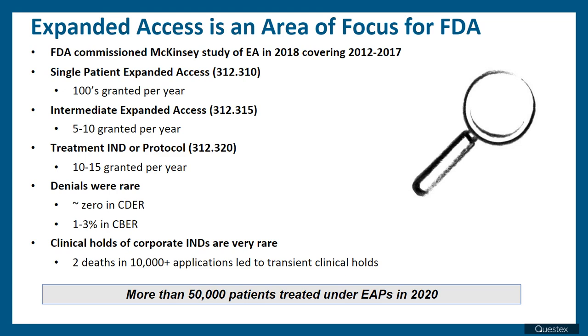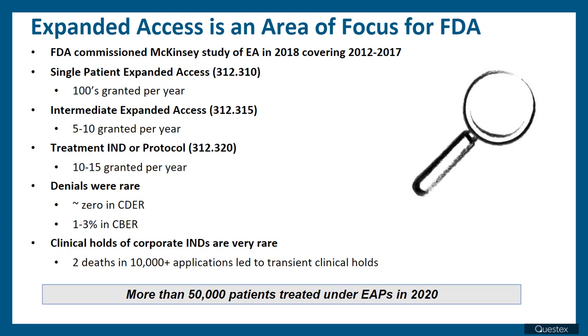Intermediate programs tend to be the most unusual, with only 5 to 10 programs per year. And larger scale treatment INDs and treatment protocols, as you might expect, fit more nicely with the commercial objectives of launching a new product, so making it available during that review period. Those tend to correspond primarily to pending approvals of new products for serious or life-threatening diseases.